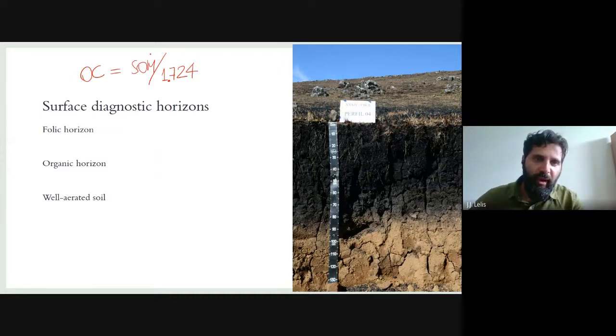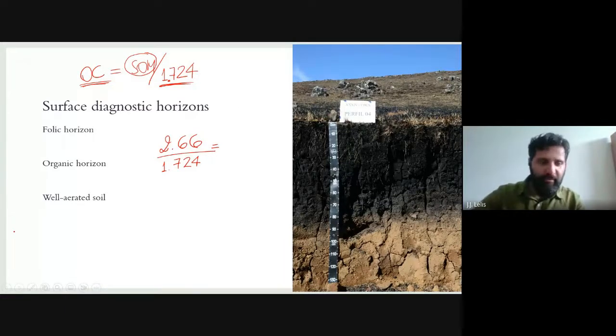So if I calculate a ratio between the soil organic matter and this number, I can find the content of organic carbon. So in this case, we have 2.66 percent, and we should calculate this ratio. Let's do it.